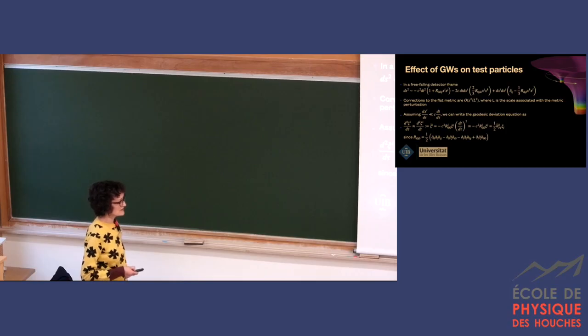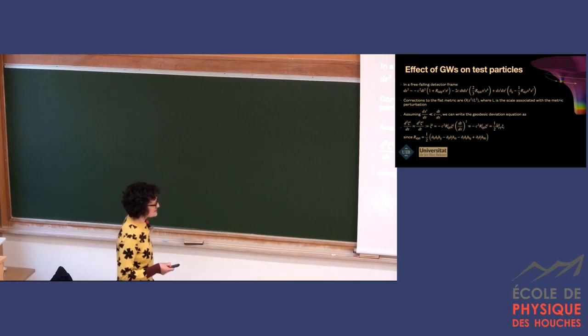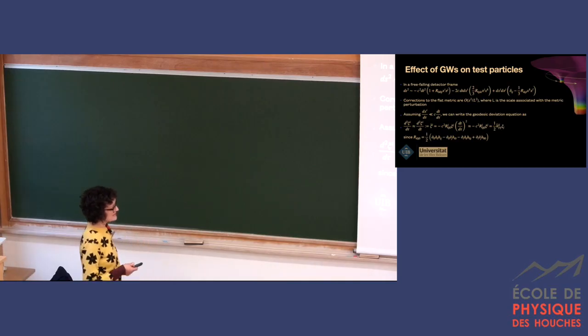If I just use the definition, all of the other terms drop, because of the Lorentz gauge, or because we said this part is static, for instance, and we are left only with this guy. So this is very nice because it immediately relates something that we saw at the beginning and that looked quite theoretical to something that is deeply connected to actual observables, the polarizations of gravitational waves.